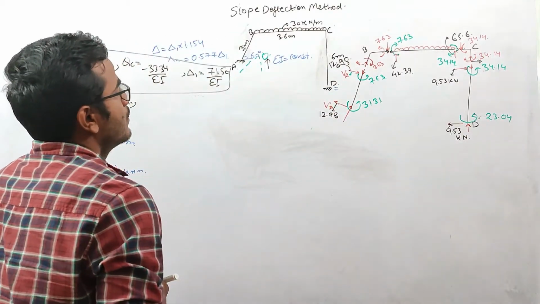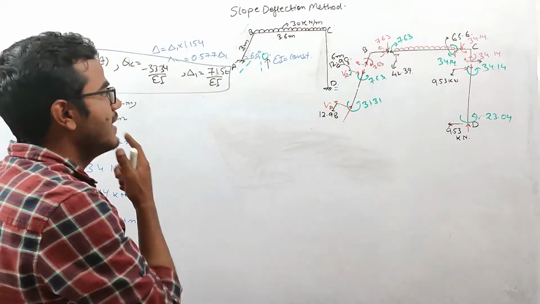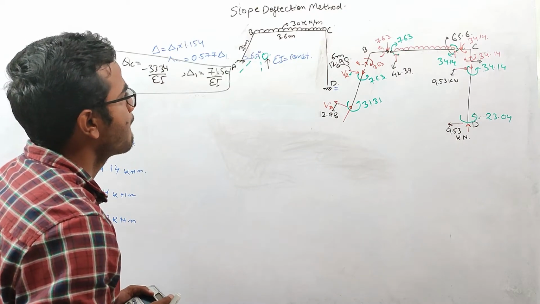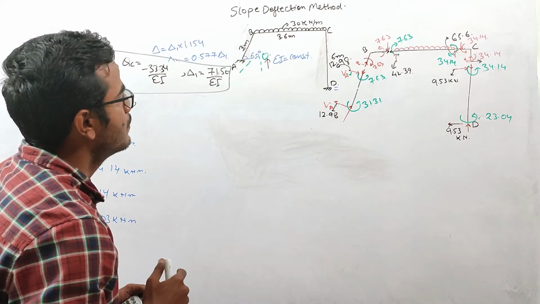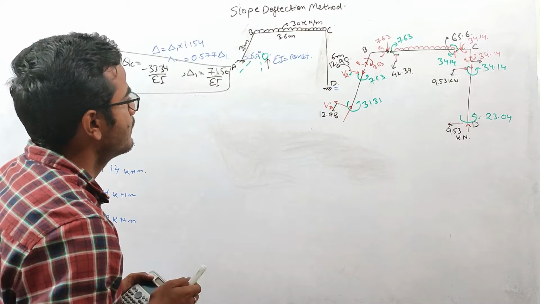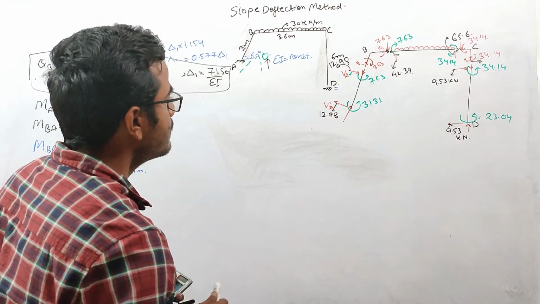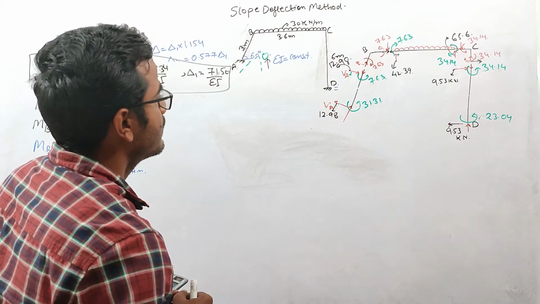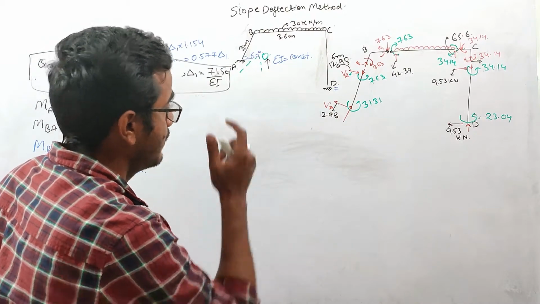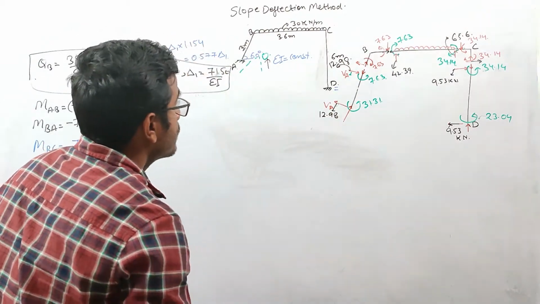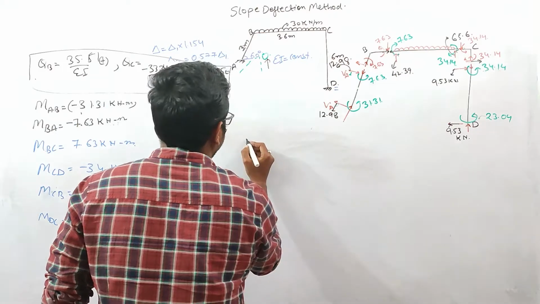So we need to find this axial force basically. This is 9 kilonewton over here. Right. So now let us come to this B joint basically.